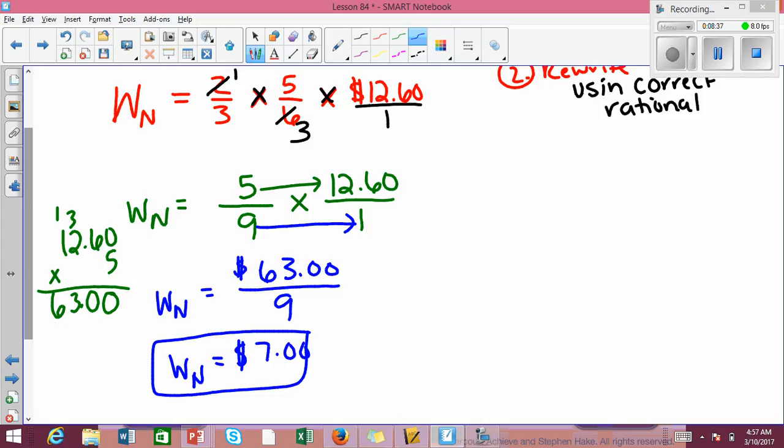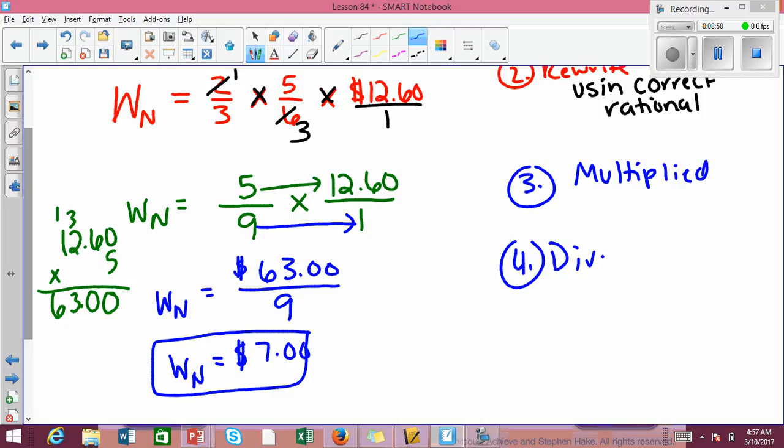So does it make sense that 5/6 of 1260 is maybe $8 and then 2/3 of that is going to be $7? Yes. What other steps did we complete here? Well, here we multiplied, and in this next step we actually used division, and after we did our division problem we simplified for our answer.